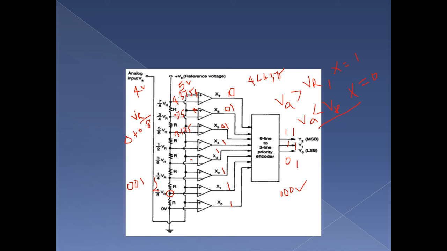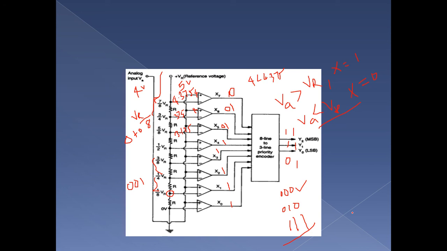Then if VA is in between VR by 4 and 3 VR by 8, it produces 0 1 0. Like that it keeps on converting. In the final range, that is 7 by 8 VR to VR, it produces 1 1 1. This is how it converts the analog input into a digital output.